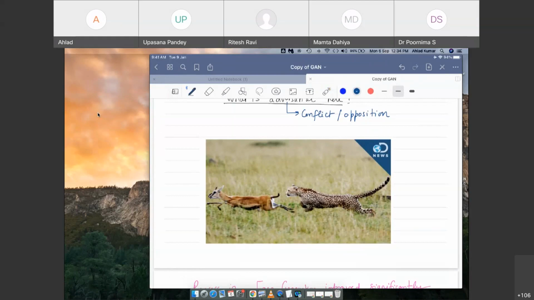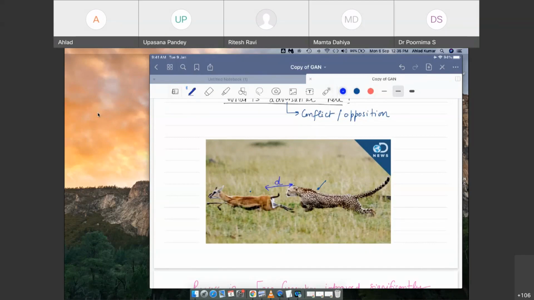What is happening here is that we have this cheetah which is trying to chase a deer, because obviously the cheetah wants to eat the deer, so that's why it's running behind it, just to catch the deer. The important thing here is what kind of adversary is happening. The adversary, or the conflict or opposition, is in terms of the distance between the two.